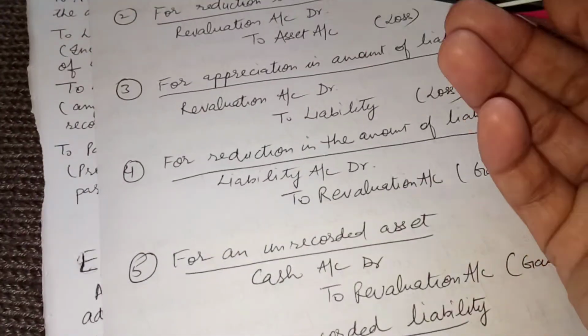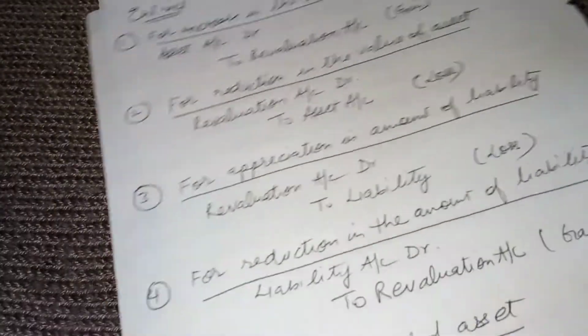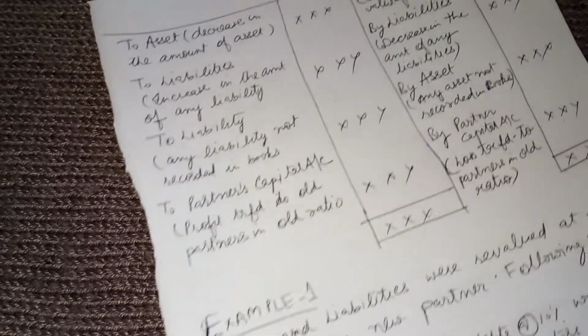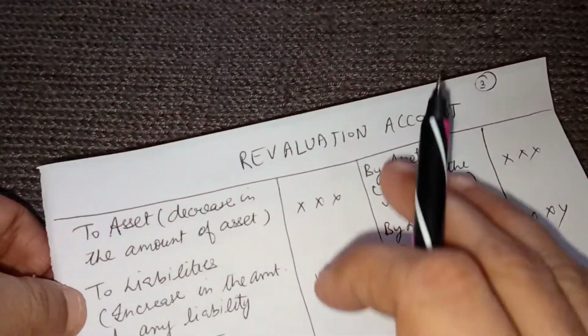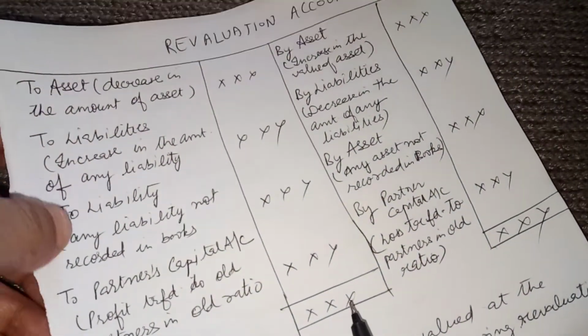Now all these are the basic entries. Let us understand them with the help of the basic pro forma, which will make everything much clearer. Now this is the basic pro forma of what we call a revaluation account.